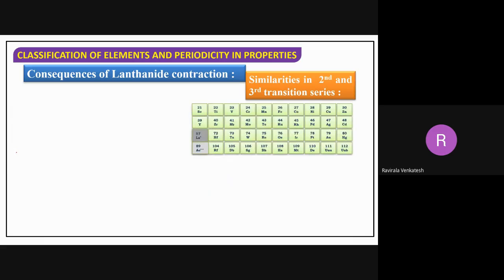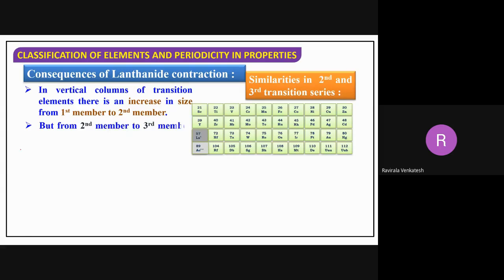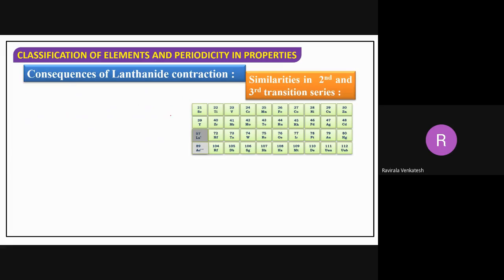Next, the second point. If you observe, I'm writing here. This is called the 3D series in the 4th period. This is the 5th period and 5D series, 6th period, 6D series. Sorry, 4D series here.